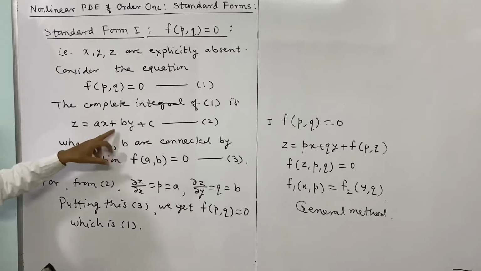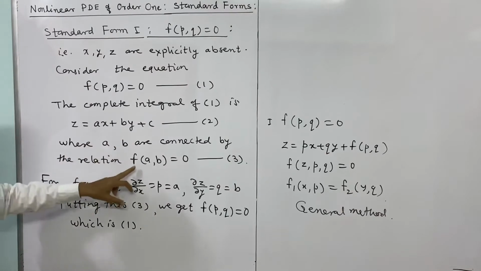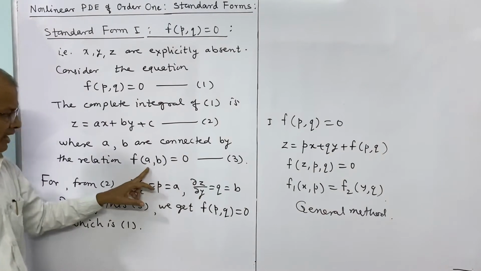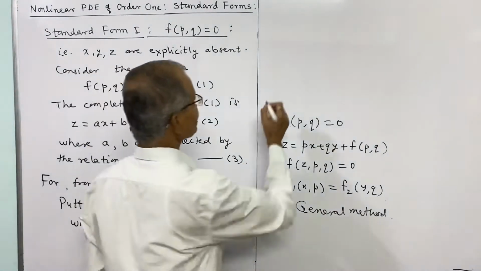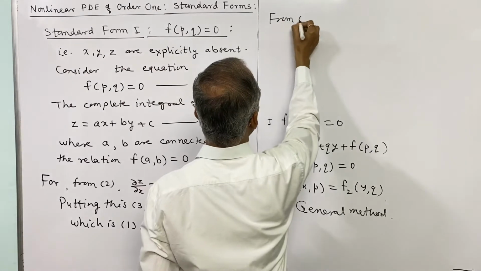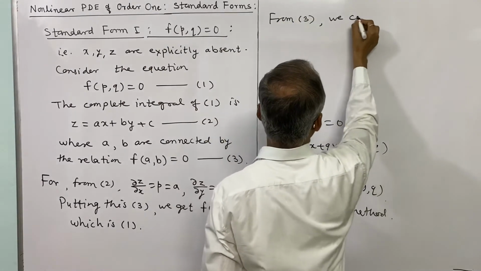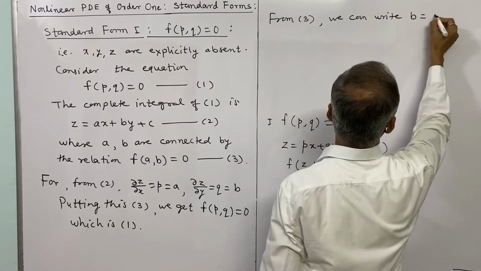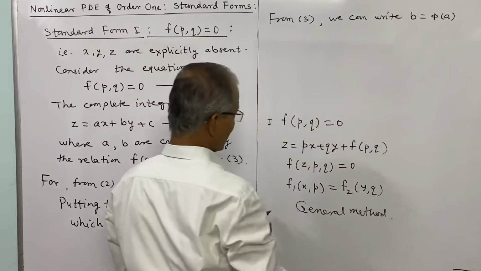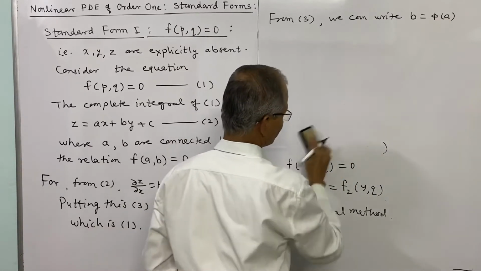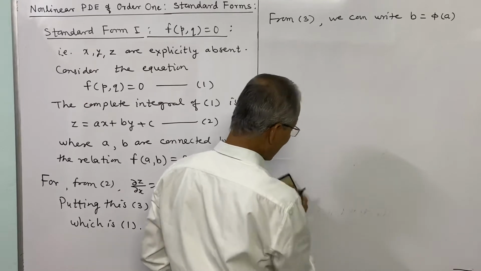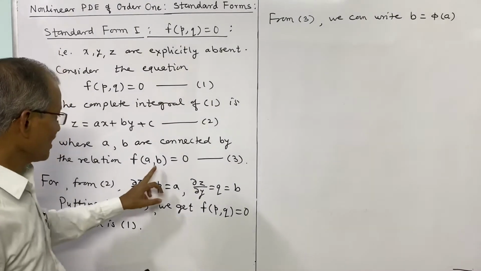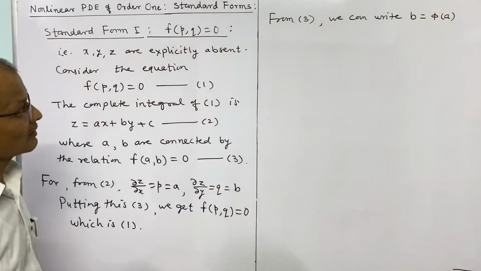Now in this complete integral, a and b are related by this equation, function of a and b is 0. So from 3, we can write b as phi of a. Phi is not an arbitrary function, because the value of b is given by the third equation.